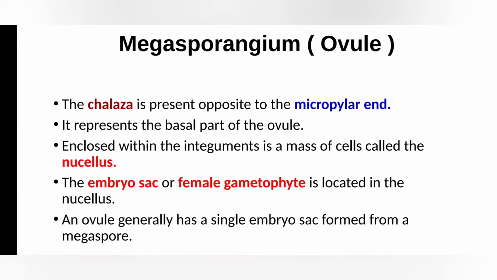An ovule generally has a single embryo sac. This embryo sac is formed from a megaspore.